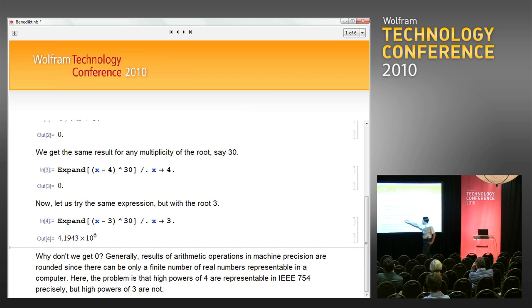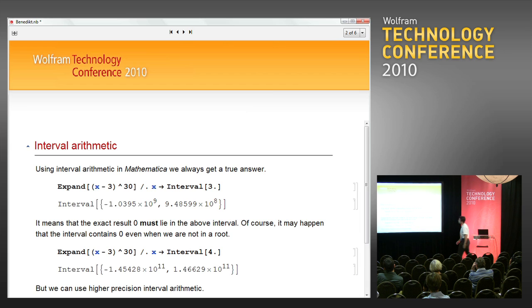If we take this computation and we don't plug just the number 3 into the polynomial, but an interval that contains 3, then the answer is some interval, and the basic thing with the interval arithmetic is that the correct answer, the exact result, must lie in this interval. So as you can see, 0 lies in this interval.